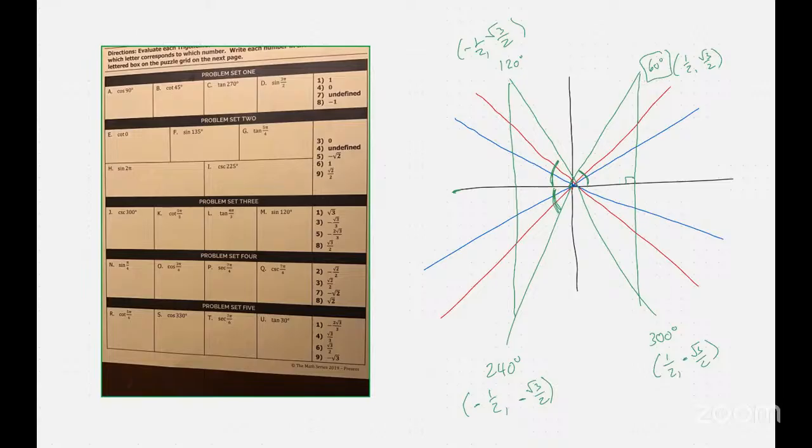It's the same triangle, it's just flipped. So it's √3/2, comma 1/2 for all these. So this is negative √3/2, comma 1/2. This is negative √3/2, comma negative 1/2. And this is √3/2, comma negative 1/2. Got it?